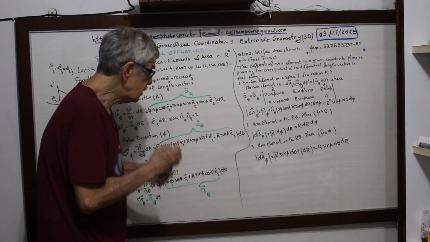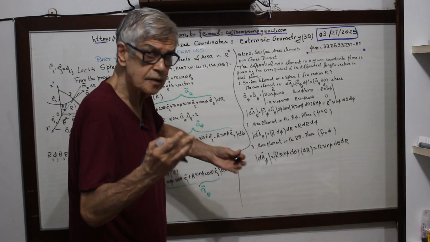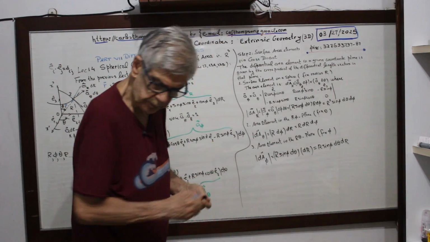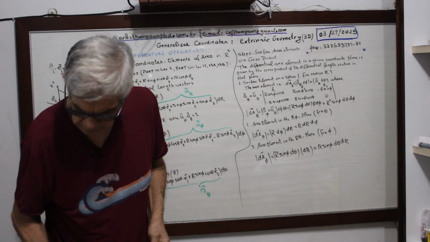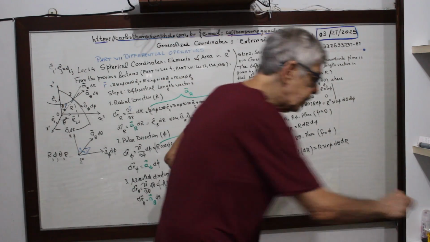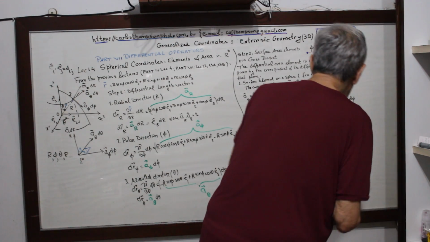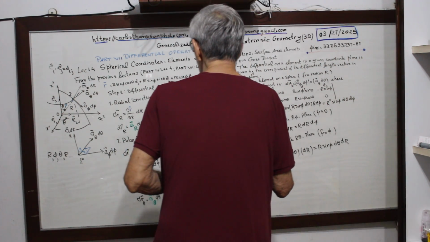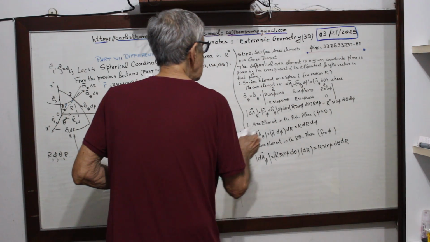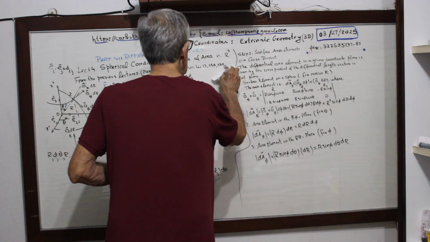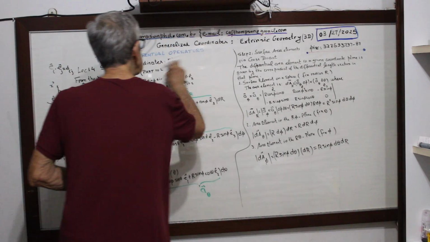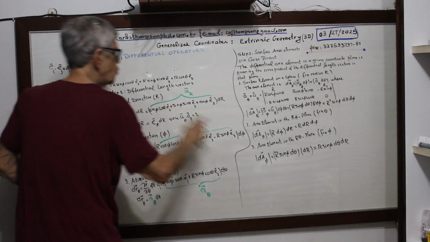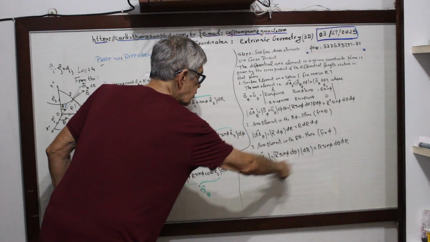Now you can see, instead of doing the cross product, in a very easy way, I will erase here. You see easily how to obtain this length there.